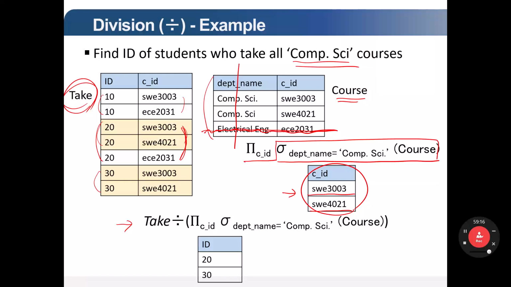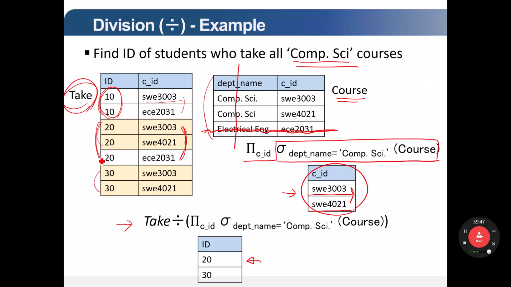Then what will be returned? Let's check whether the student with ID 10 took these two courses. He took SW 3003, but he didn't take SW 4021. So student 10 doesn't match, and will not be inserted into this output table.